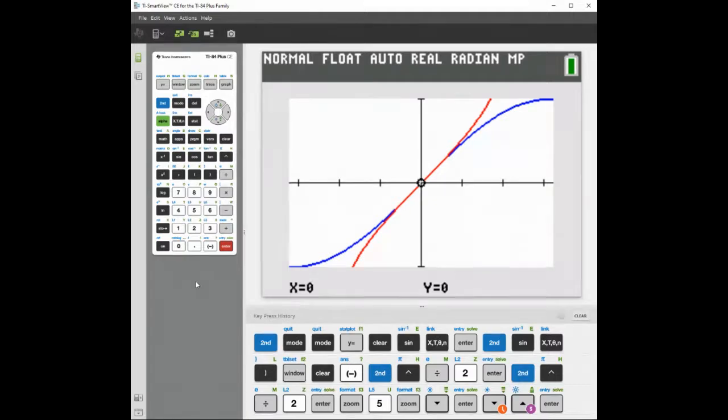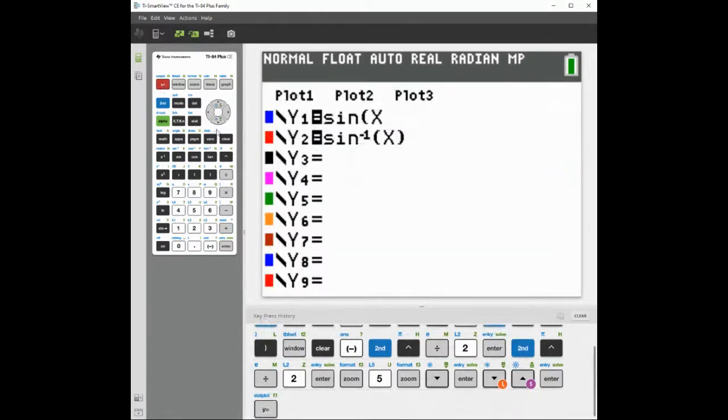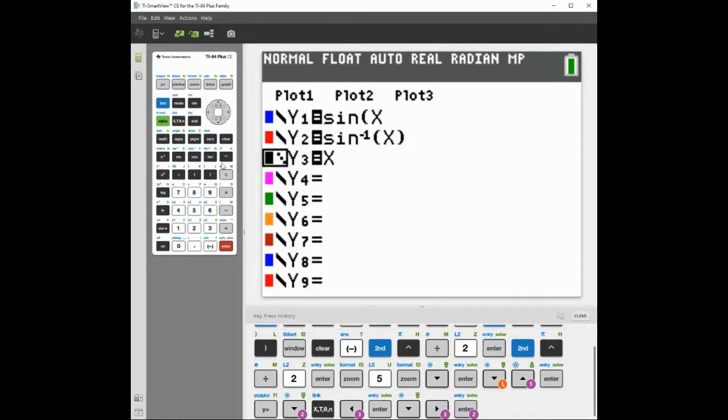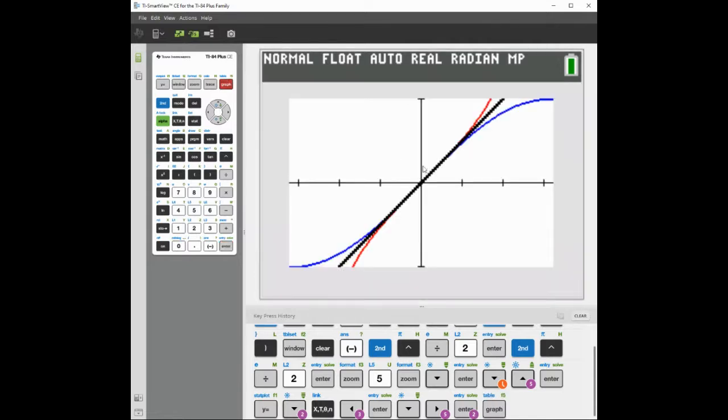So now you can see here, if I were to show you the line y equals x, let's make this a dashed line. You will see that it is a reflection, okay? So the blue one is my original sine function. The black one here is y equals x, which is the line that it will reflect over. And the red one here is my inverse function. So you can see it's a reflection over it, okay?